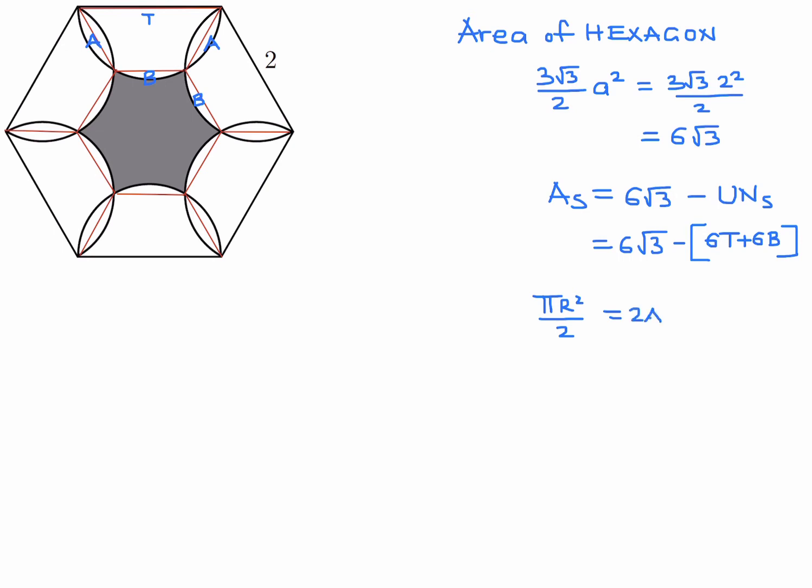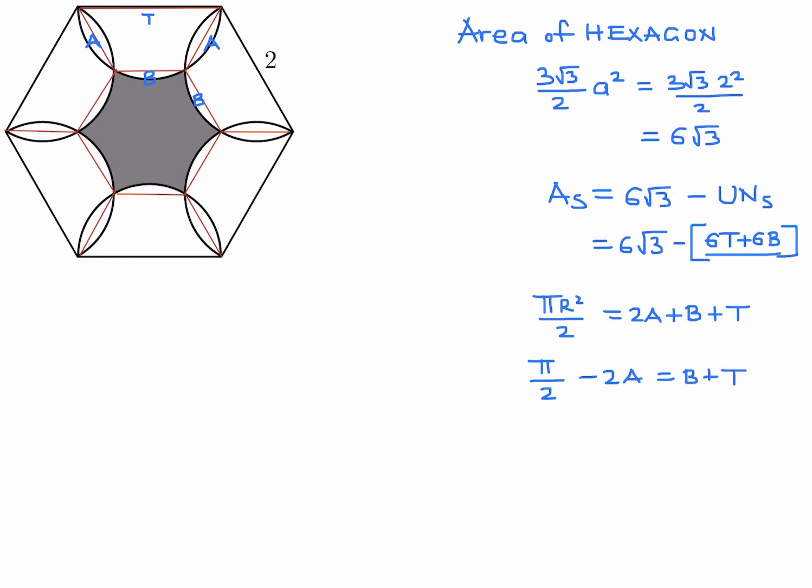So 2a plus b plus t. And therefore, r is just 1, because this whole thing is the diameter, which is 2. So that becomes 1 squared, which is just 1. So pi over 2 minus 2a is equal to b plus t.